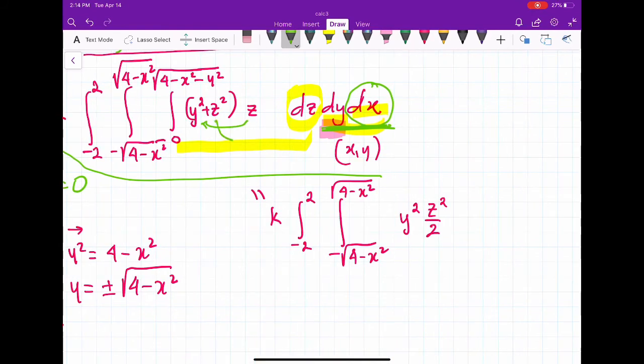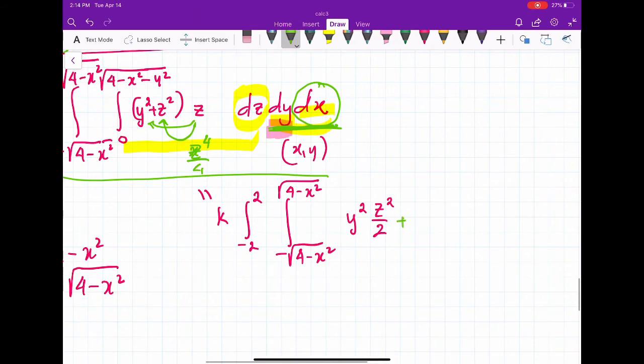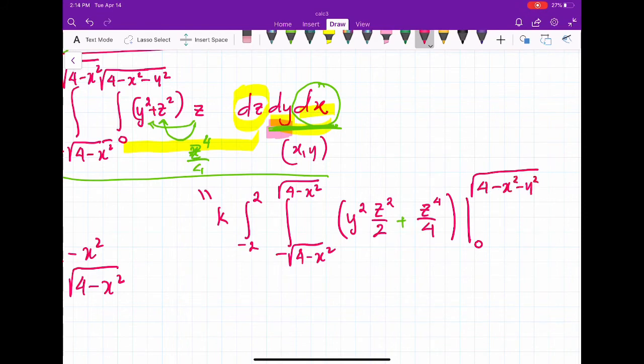And then the antiderivative of z cubed is z to the 4th over 4. Okay, plus z to the 4th over 4. This is evaluated from 0 to square root of 4 minus x squared minus y squared.